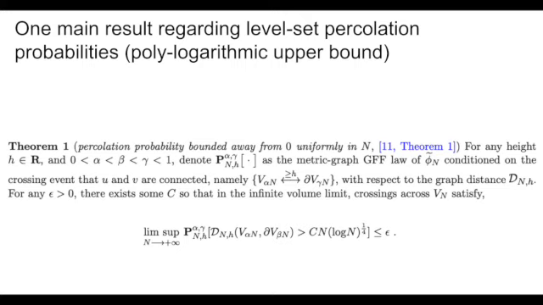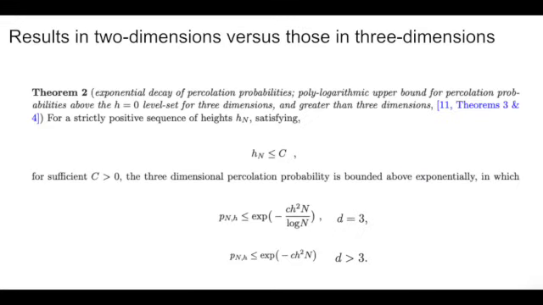But besides this fact, which already gives us some idea about how one can incorporate the metric graph GFF law for upper bounding a connectivity event with respect to the chemical distance, we can also look at results in 2 dimensions versus those in 3 dimensions, which can also give us some further intuition as to how different parts of the argument for constructing Kesten's incipient infinite cluster for Bernoulli percolation in 2 dimensions would differ for the metric graph Gaussian free field in 3 dimensions.